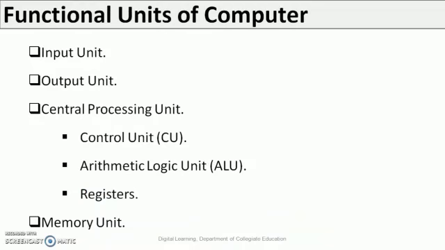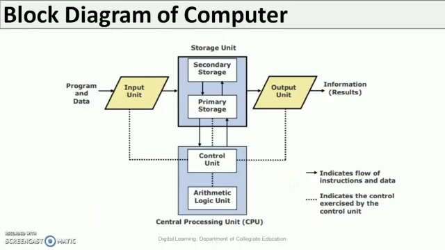These are the various functional units of a computer system: input unit, output unit, central processing unit, CPU, which has the control unit called CU, arithmetic logic unit, ALU, registers, and a memory unit. This is the block diagram of a computer.